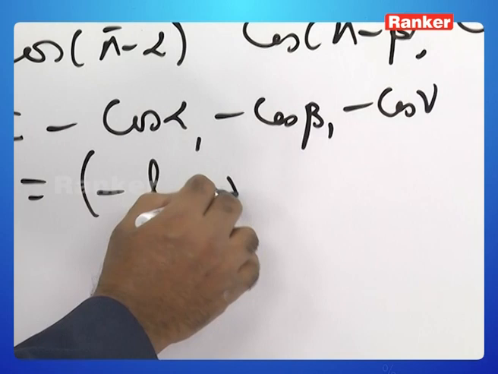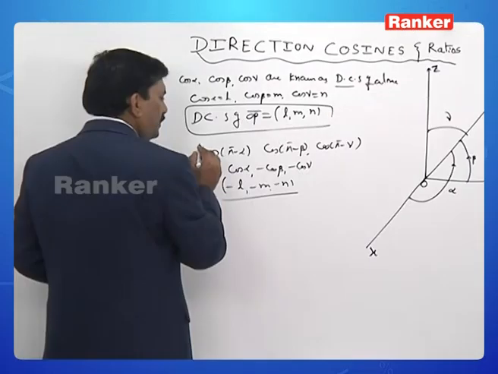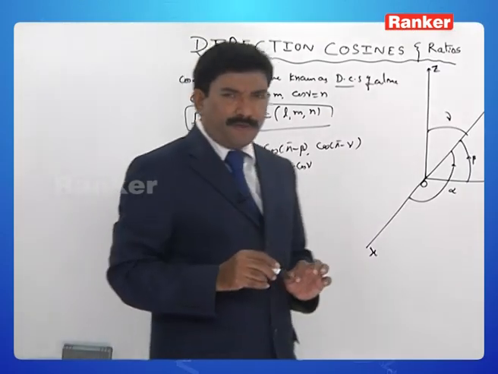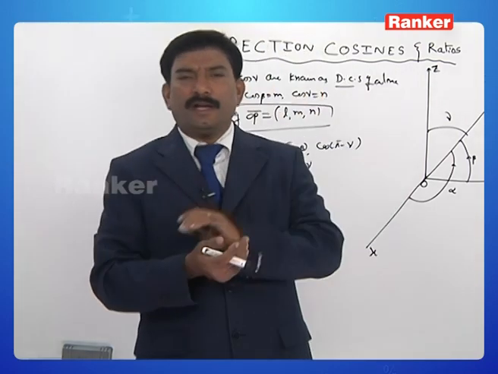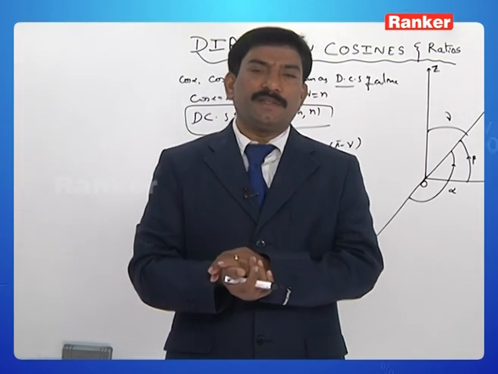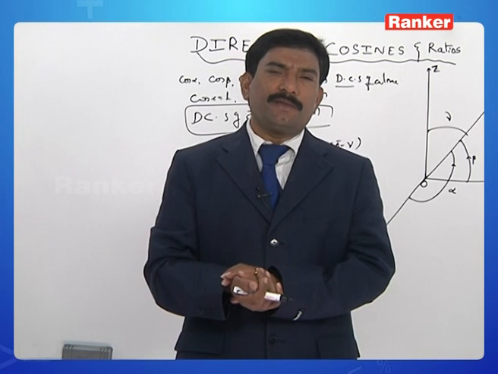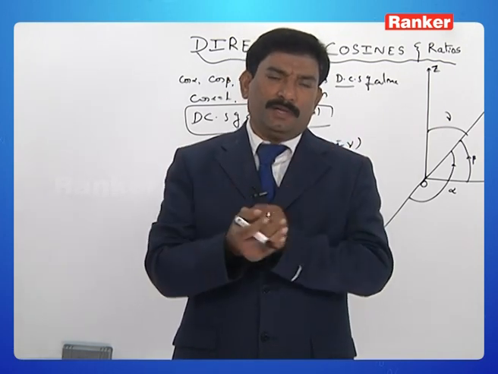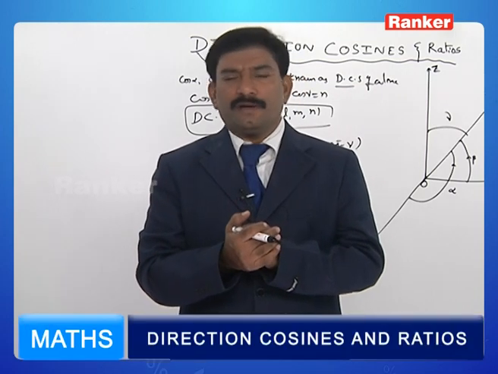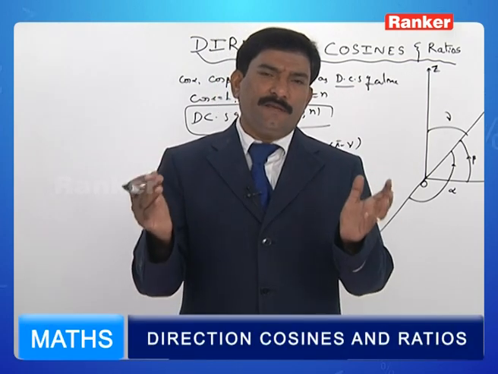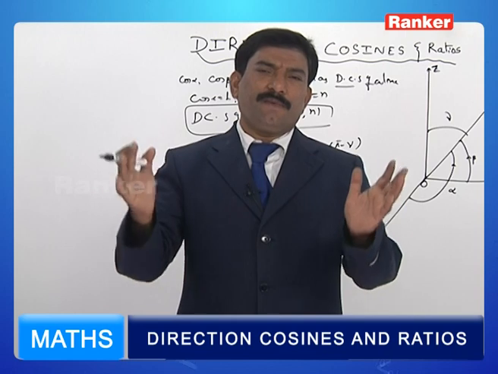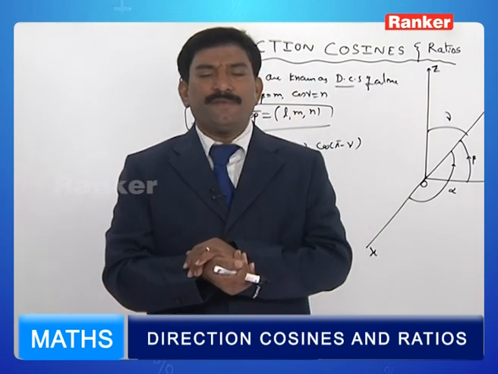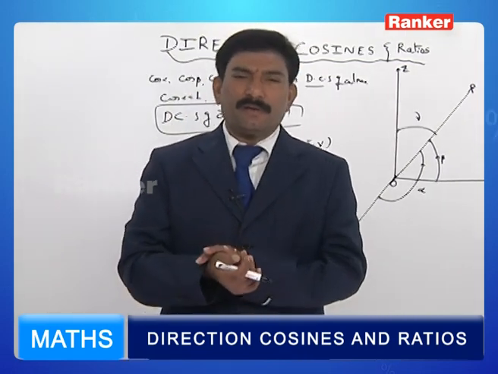Therefore, minus l, minus m, minus n. A line has two directions: one is the positive direction, the other is the negative direction. On the whole, the DCs of a line are plus or minus l, plus or minus m, plus or minus n.